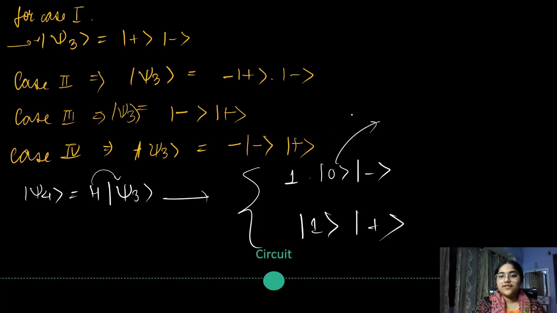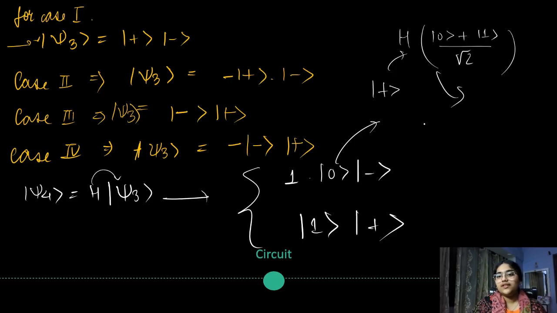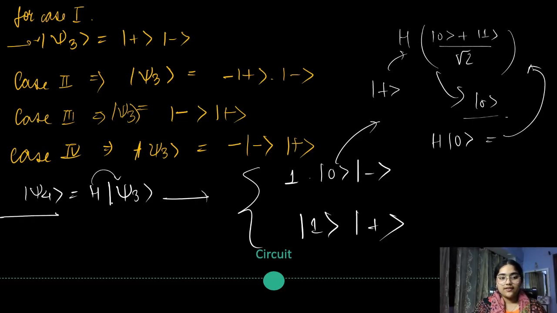Because earlier this was gate plus, and gate plus is gate 0 plus gate 1 by root 2. If we apply Hadamard on it, we get gate 0 back again, because H into gate plus equals gate 0. So it reverses. That's how we get the value of psi 4.